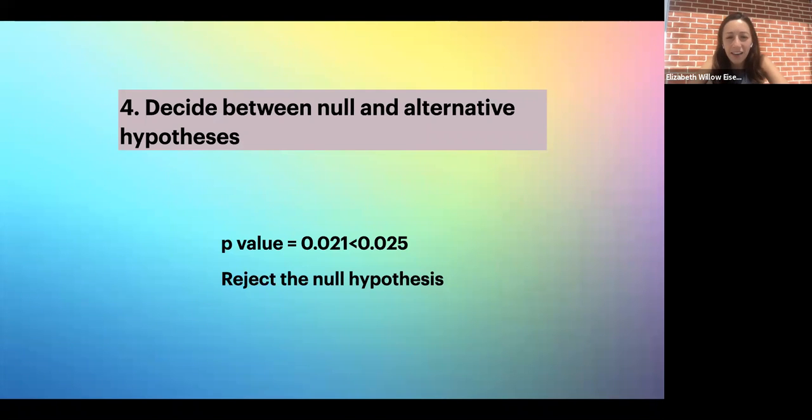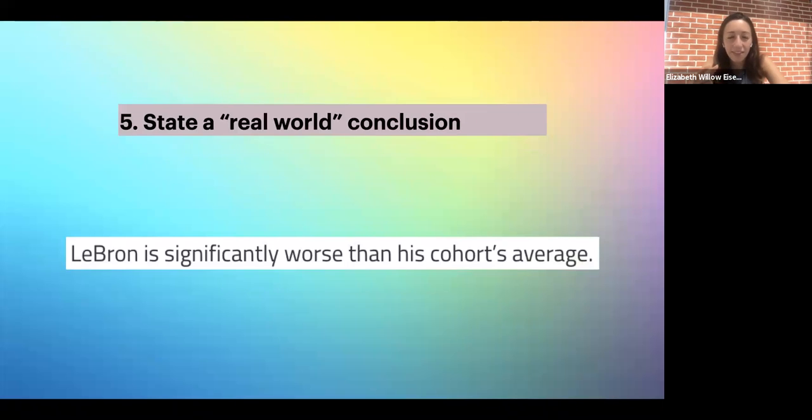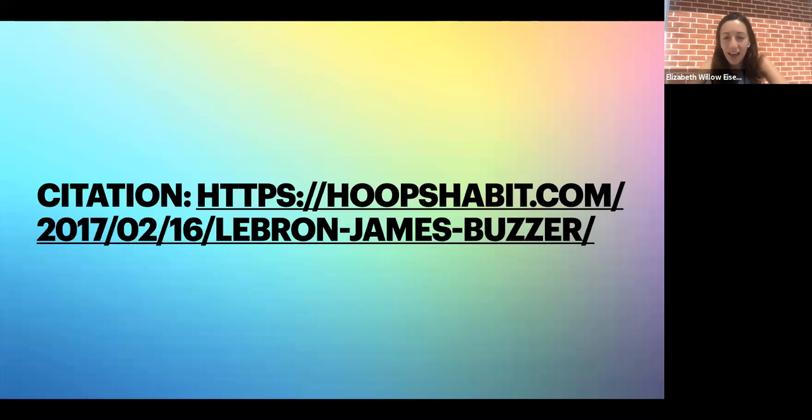And since our p-value is 0.021 and they claimed that they were using a significance level of 0.025, so their confidence level is 97.5%, since this p-value is smaller than the significance level, they're going to reject the null hypothesis that these proportions are the same and state the real world conclusion: LeBron is significantly worse than his cohort's average. And that's all. All right, I hope everyone has a nice week.